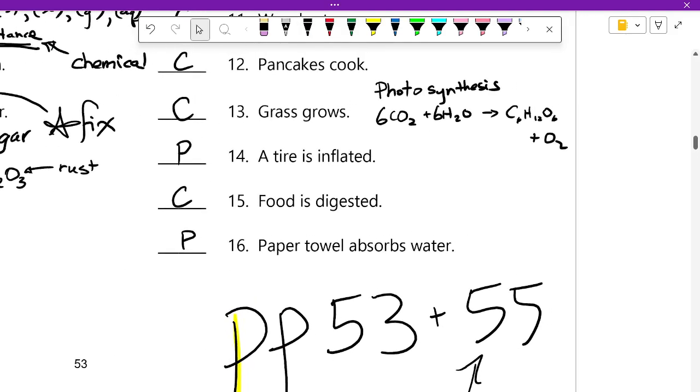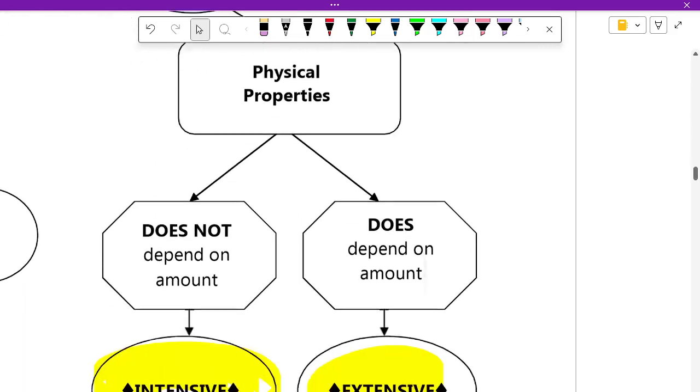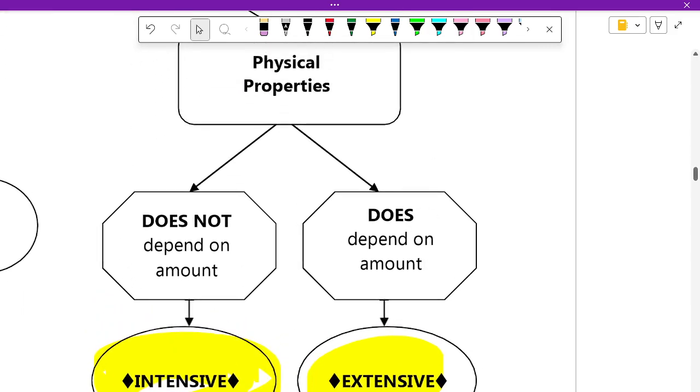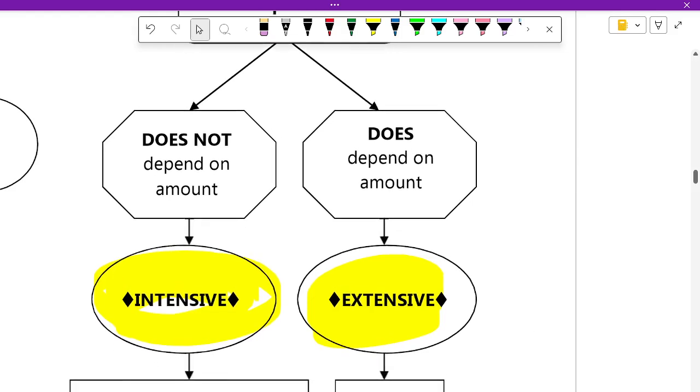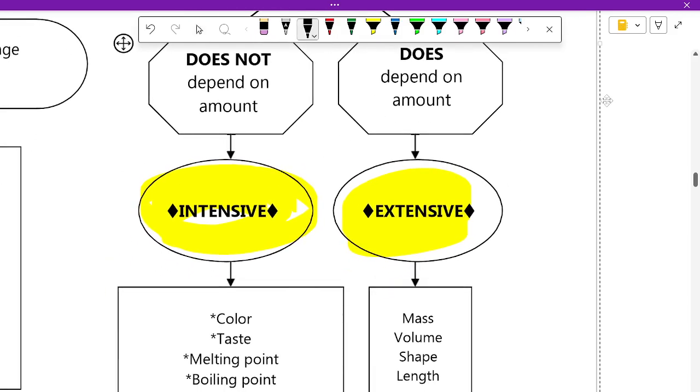And now let's go to 55. By the way, was anybody interested in knowing what an intensive and extensive property are while we're here? You're interested? Okay, just very quickly on page 54, an intensive property, and an extensive property.